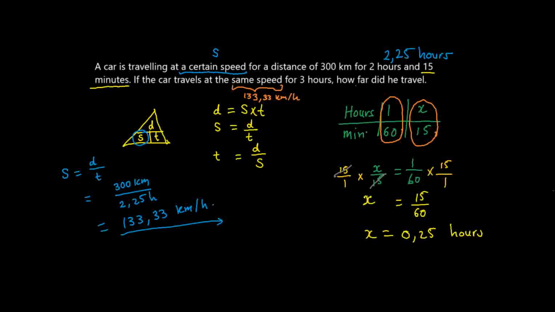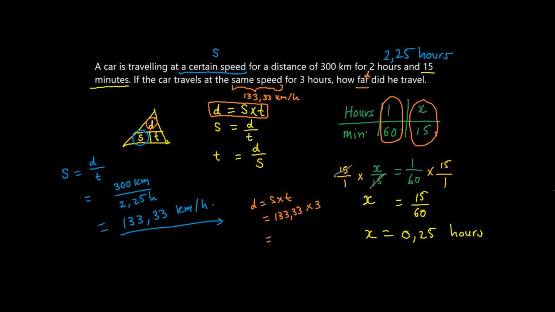Right? So now what are we looking for? Distance, the d value. So we know from our formulas that distance is equal to speed times time. So I can write it here. I can say distance is equal to speed times time. So the distance is equal to speed, which is 133.33. If you want, you can write the kilometers per hour, times the time, which is 3 hours.